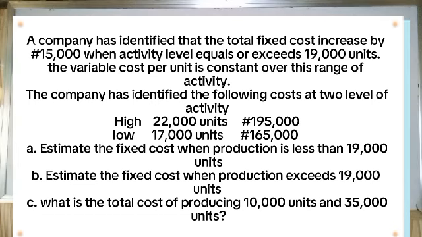We have the high, which is 22,000 units and total cost of 195,000. The low, which is 17,000 units and total cost of 165,000. We are told to: A, estimate the fixed cost when production is less than 19,000 units. B, estimate the fixed cost when production exceeds 19,000 units. And C, what is the total cost of producing 10,000 units and 35,000 units?